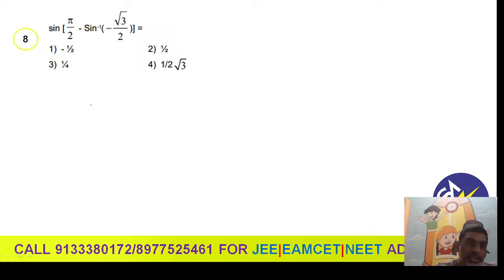Next, question number 8. What is question number 8? Sine of pi by 2 minus sine inverse of negative square root of 3 by 2. So here, between minus 90 to plus 90 is the range.